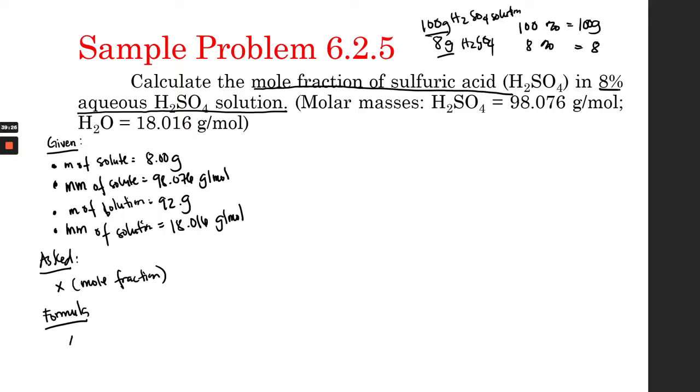So for substance A, the mole fraction XA is the moles of A divided by the moles of A plus the moles of B. For the mole fraction of B, XB, you have the moles of B divided by the moles of A plus the moles of B. Also, we have to get the moles.